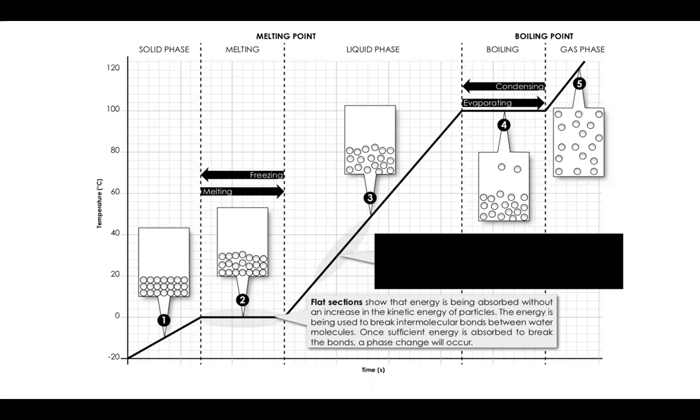This is because that energy is being used to break the intermolecular bonds between our water molecules to help them to change phase. So when we're in that solid state, the flat section at 0 degrees, or at the melting point, the energy is being used to break apart those water molecules and allow them to slide next to each other, such as in a liquid.